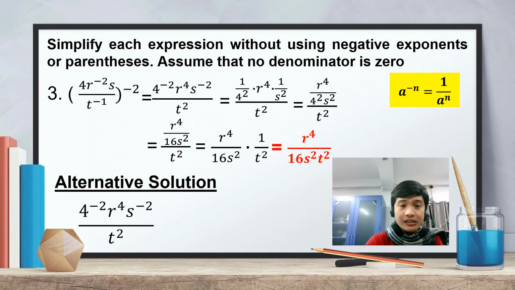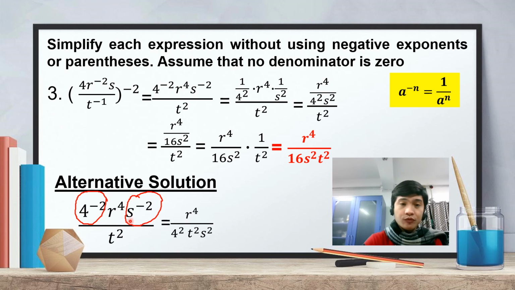Dahil in this case, meron tayong dalawang expression na may negative exponent, namely this one. Ito yun, di ba? Tsaka ito. I-mark natin para guided tayo. So, yan po yung dalawang expression na may negative exponent. So, para mapaikli natin yung solution, direkta nating ibaba yung 4 raised to negative 2 and then s raised to negative 2.